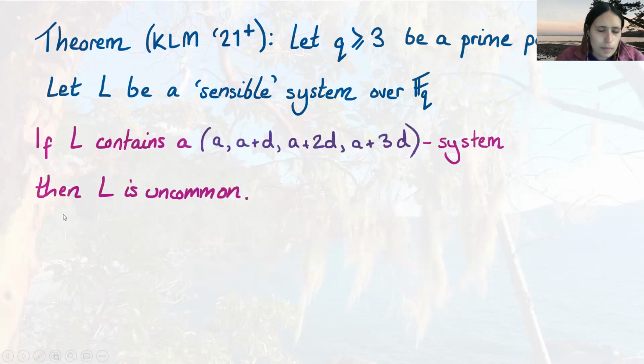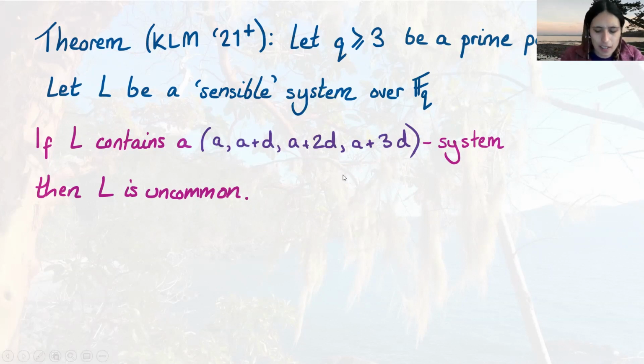And actually what we proved is a much more general theorem. Let me use some terrible notation now. Let's call a system containing a 4-term arithmetic progression an a, a plus d, a plus 2d, a plus 3d system. If we do that, we can rewrite our theorem in this way.